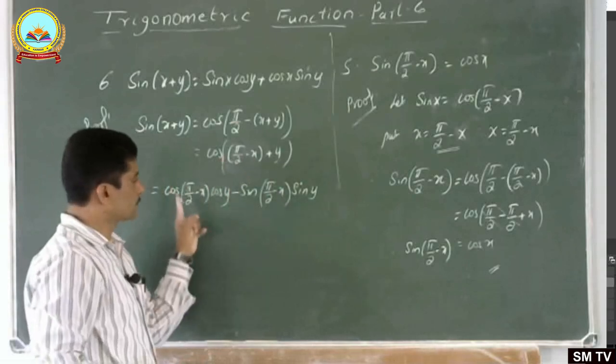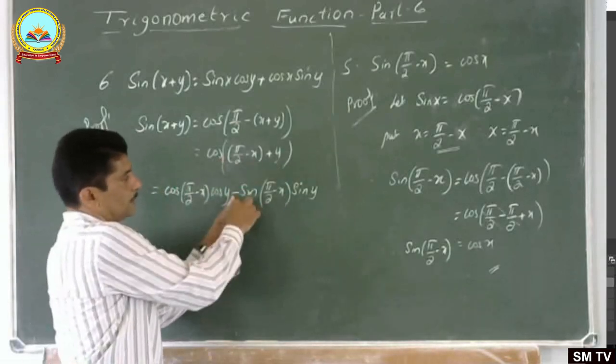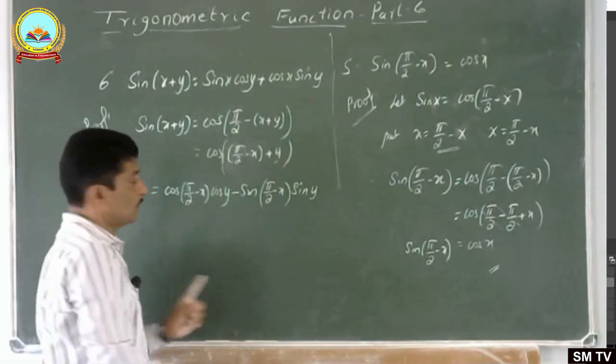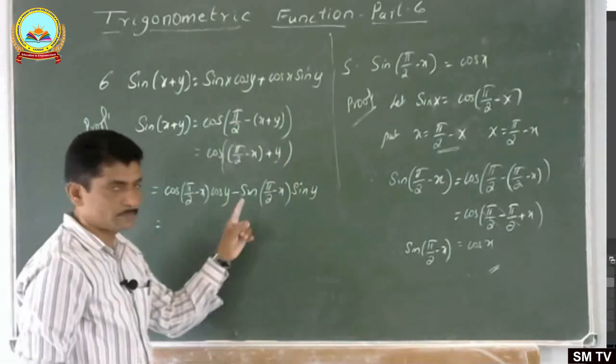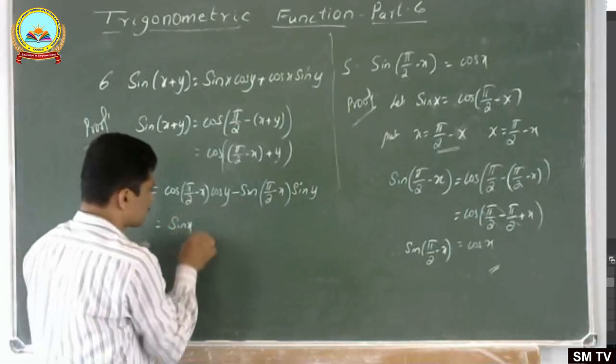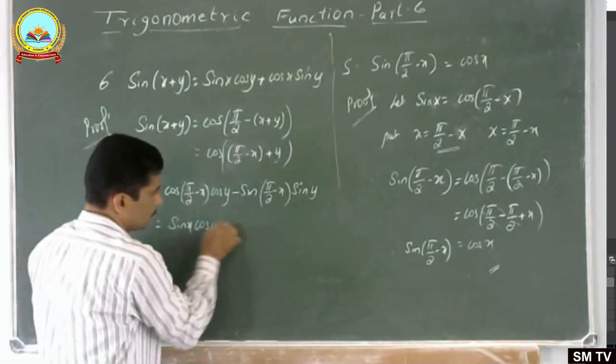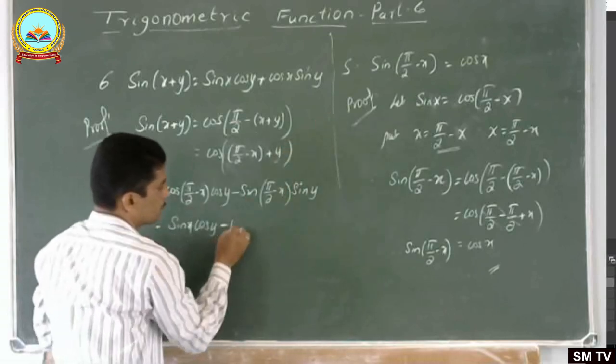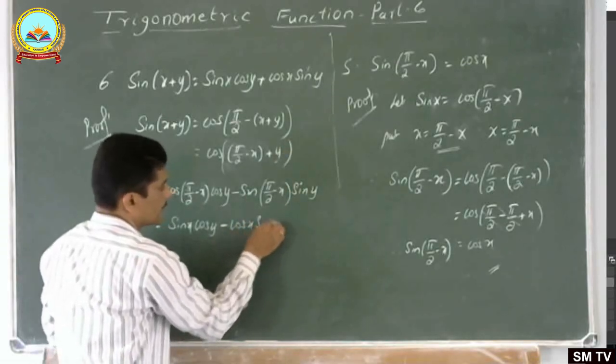Cos x plus y means cos x cos y minus sin x sin y. And also using the fourth and fifth results, cos of pi by 2 minus x means sin x, into cos y, minus sin of pi by 2 minus x means cos x, into sin y.